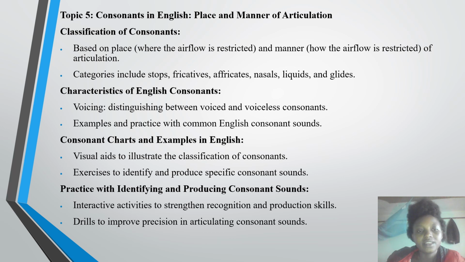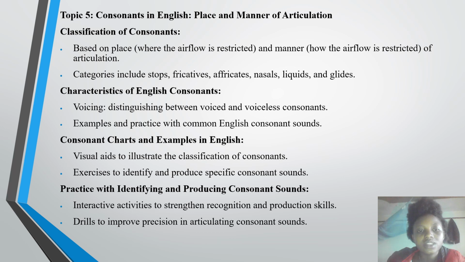Consonants in English: place and manner of articulation, classification of consonants based on the place where the airflow is restricted and the manner, that is how the airflow is restricted, of articulation.